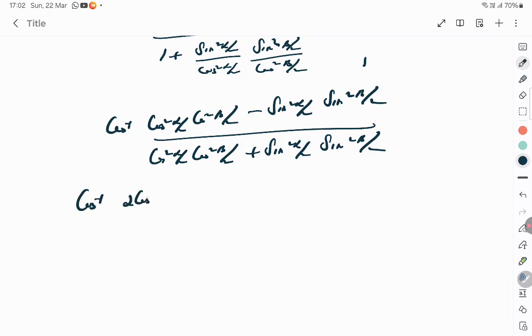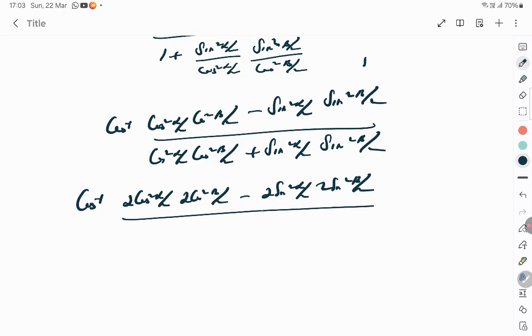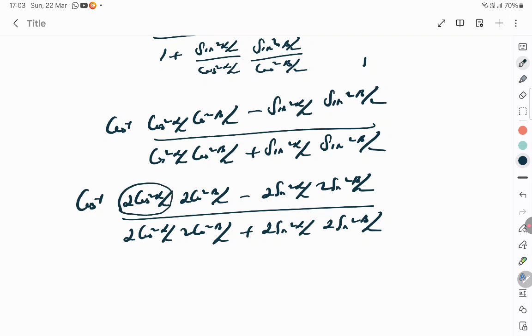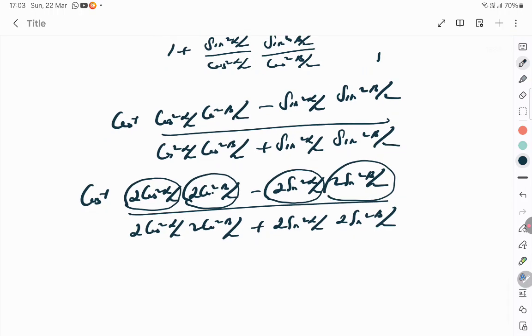You have to multiply with 2 cos square alpha by 2, 2 cos square beta by 2, minus 2 sin square alpha by 2, 2 sin square beta by 2, by everywhere with the 2 cos square alpha by 2, 2 cos square beta by 2, plus 2 sin square alpha by 2, 2 sin square beta by 2. Because 1 plus cos alpha is 2 cos square alpha by 2. 1 plus cos beta is 2 cos square beta by 2. 1 minus cos alpha is 2 sin square alpha by 2. 1 minus cos beta is 2 sin square beta by 2.